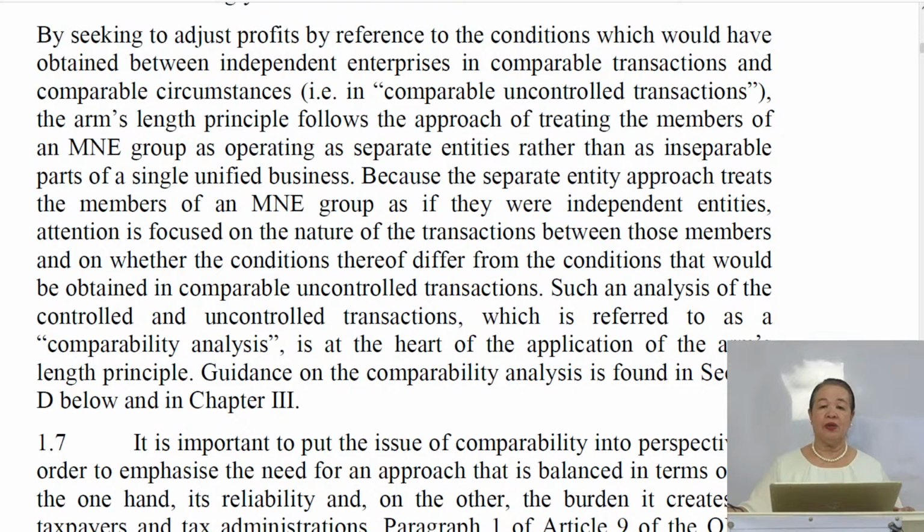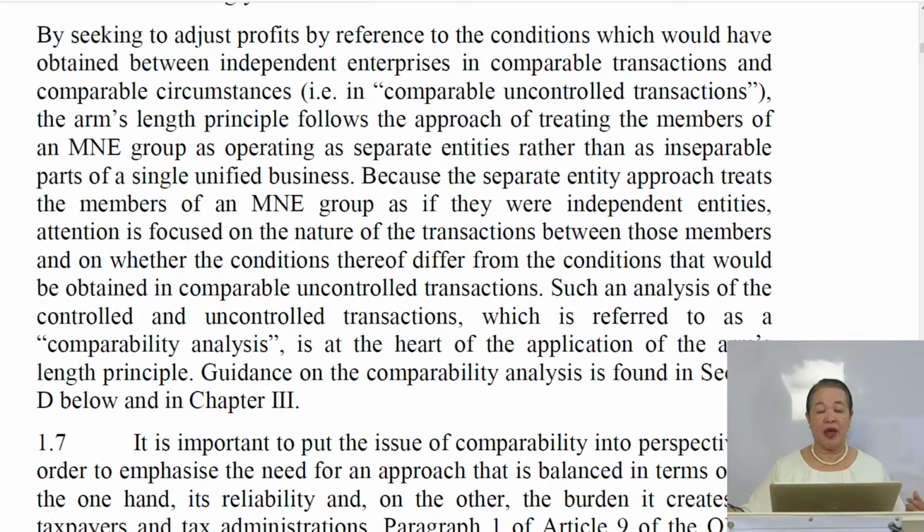Because if we look at the group as one, then the tax that should be paid by the other entities in the country where they are geographically located will be paid only in the place where the head office, or where the group wanted it to be paid. So how about the other countries where other entities are located?